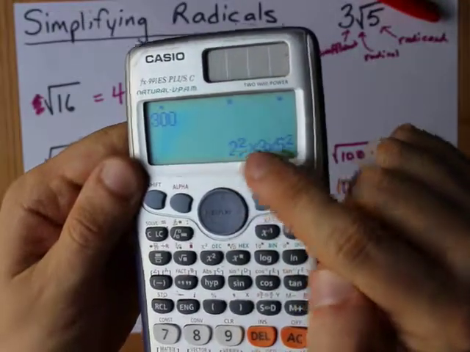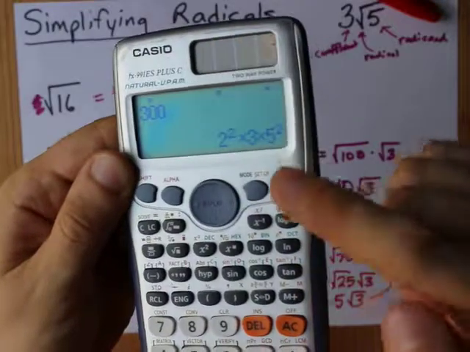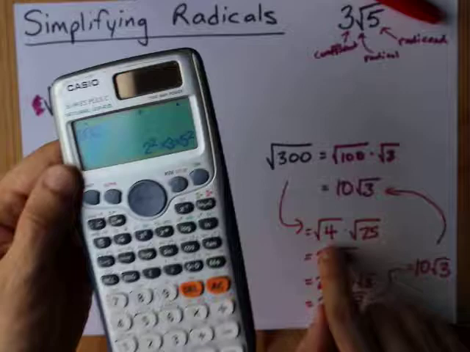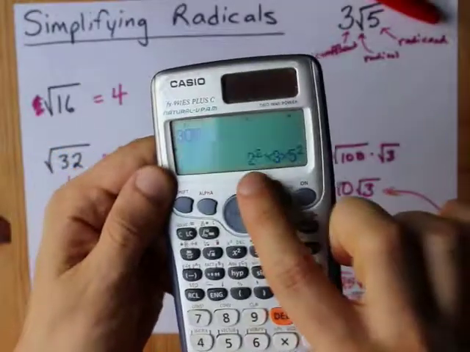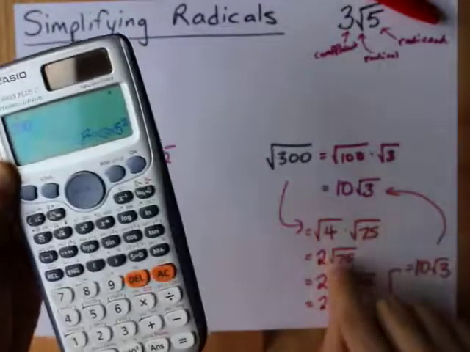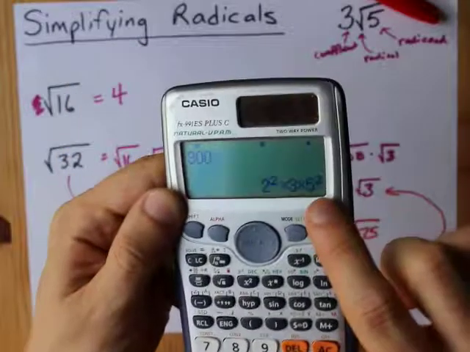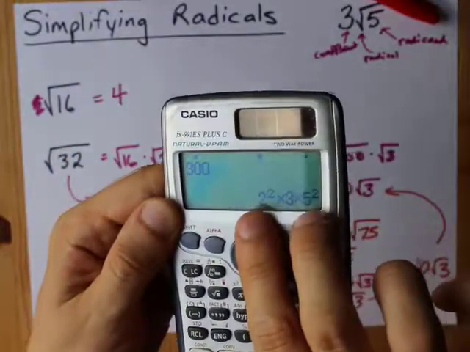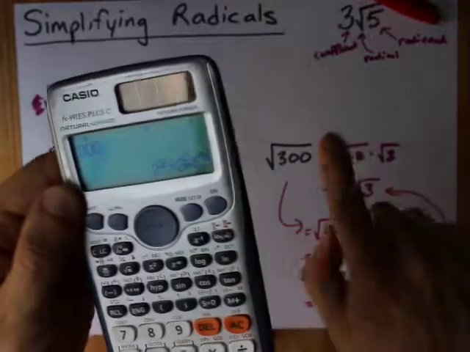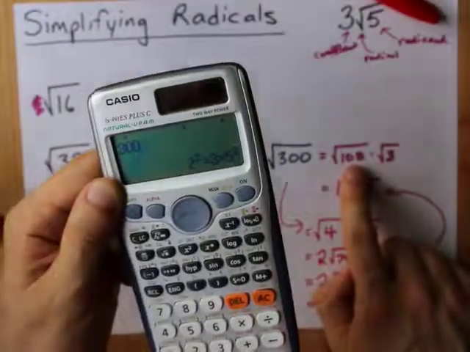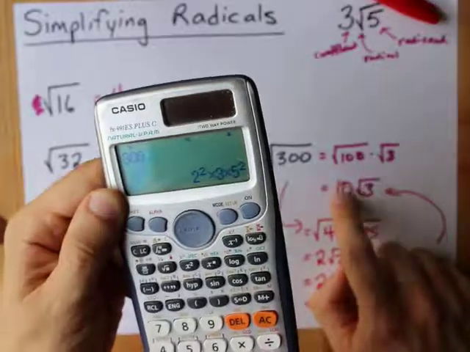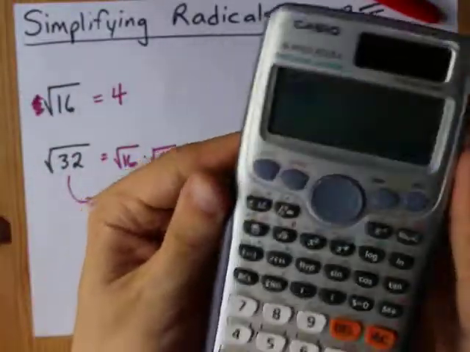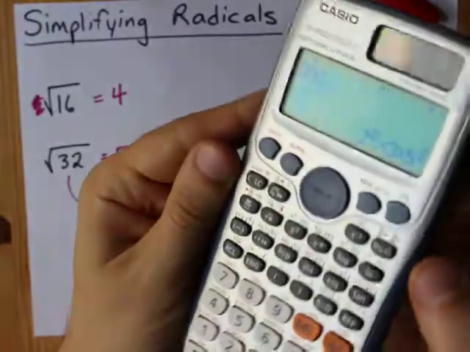All the numbers that are squared here are going to be perfect square numbers that I can pull out, like this root 4 is the 2 squared, and this root 25 that I pulled out is the 5 squared. You might notice that 2 times 5 are both squares, and that's why I was able to pull out the square root of 100, which itself was 10.